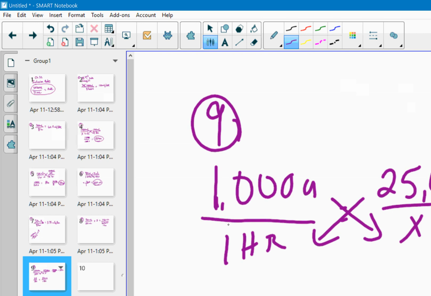So then you're going to, that's supposed to be x, sorry. Cross multiply. x times 25, 25x goes on the bottom. 500 times 1 be 500. Divide it and come up to be 20 milliliters per hour.